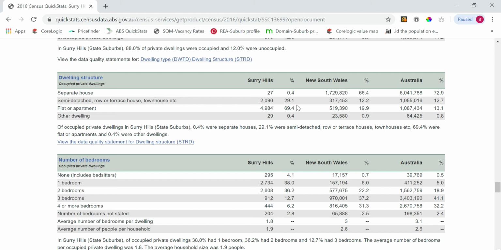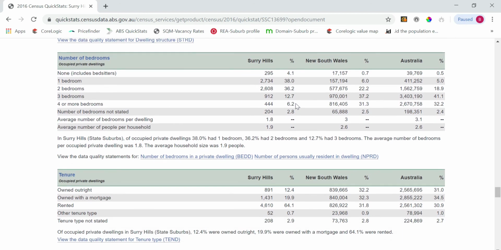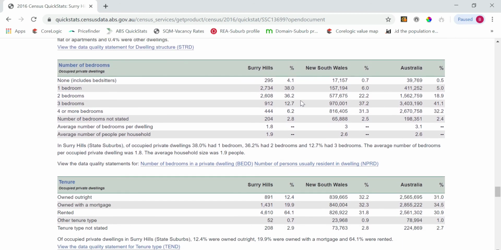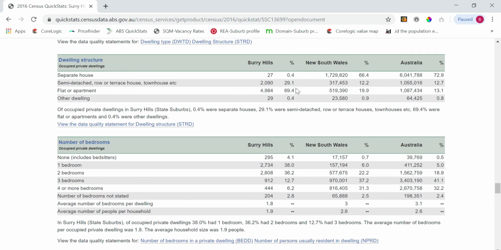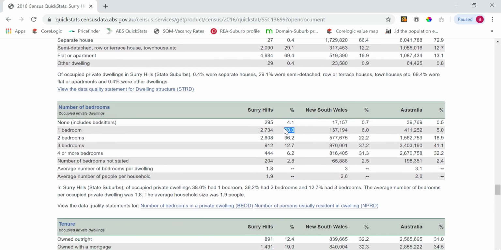So if it were me looking at these things, I'd be looking at these two types of things. The next thing that I look at, and that's probably about it really on Quickstats, is the number of bedrooms, right? You can see in some places there will be very, very few one bedrooms. Again, given we looked up here and talked about flats and semis, or flats particularly, that's why we have quite a lot of one bedrooms in there.